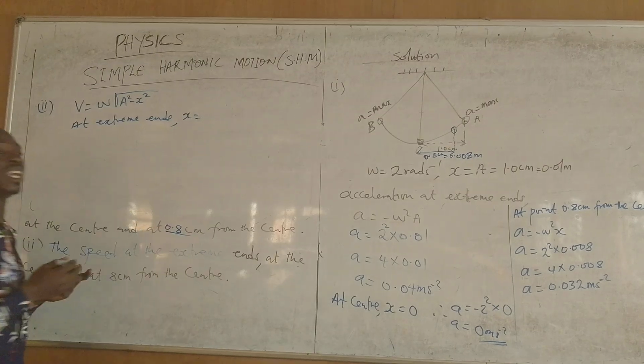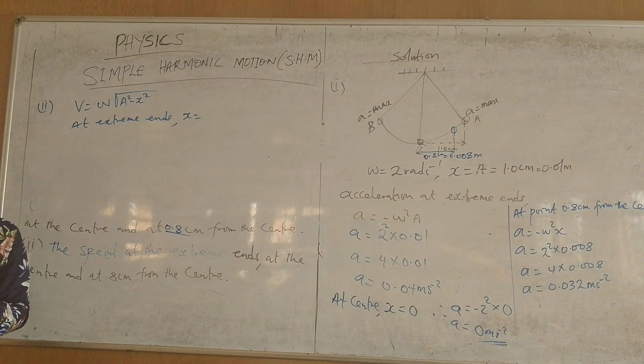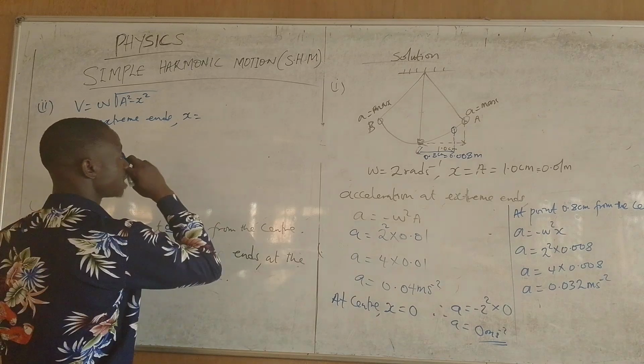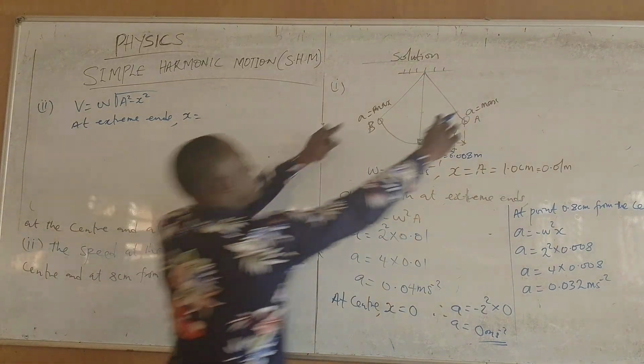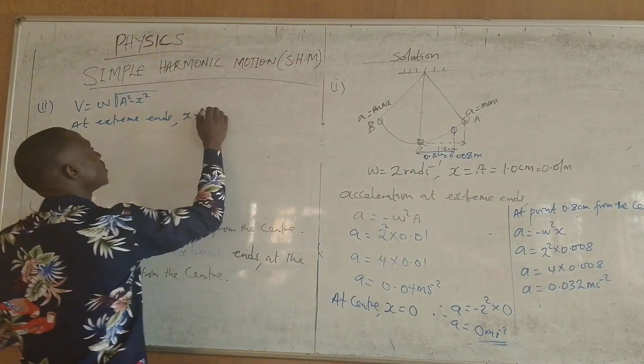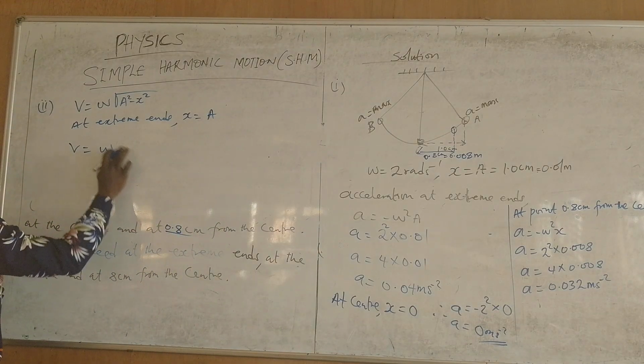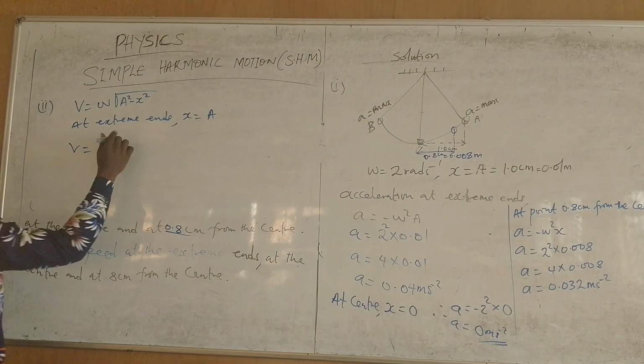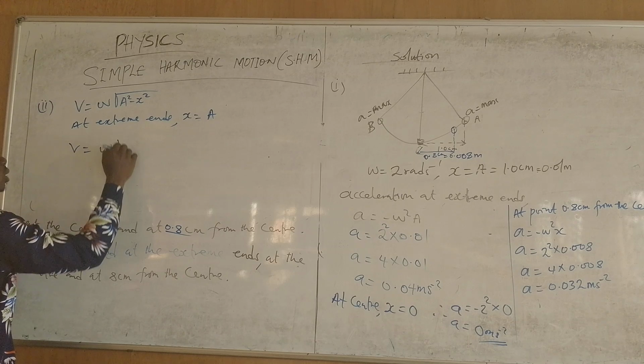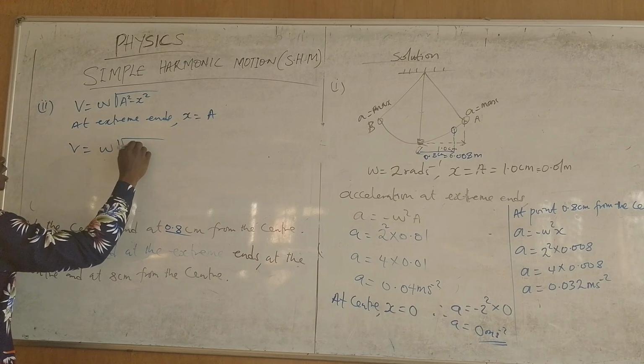Oh, we've forgotten. x is equal to A, which is our maximum displacement. This is at the extreme end now. x is equal to A. So v will now be equal to omega root A squared minus x squared.